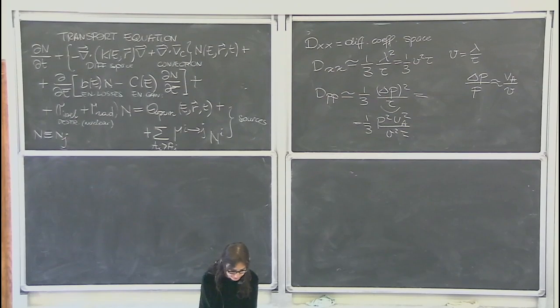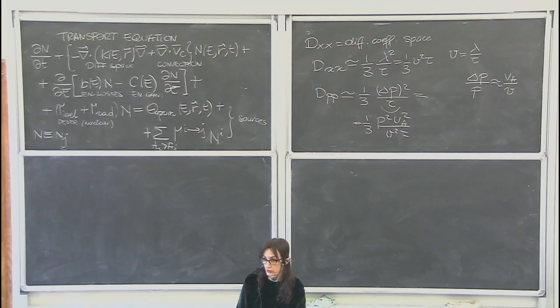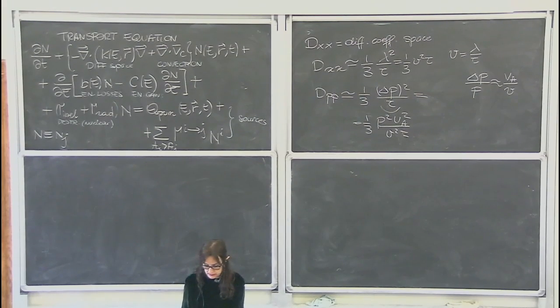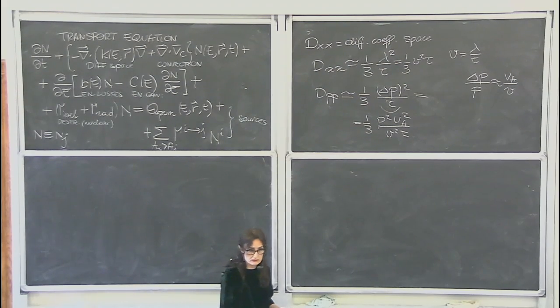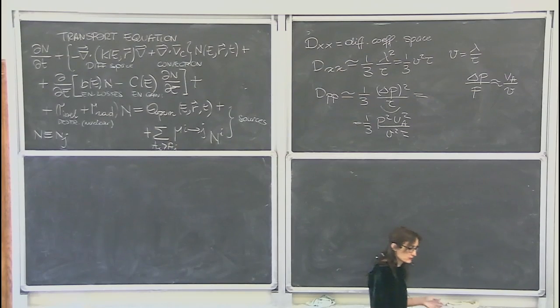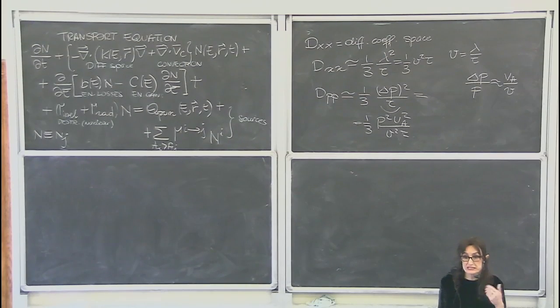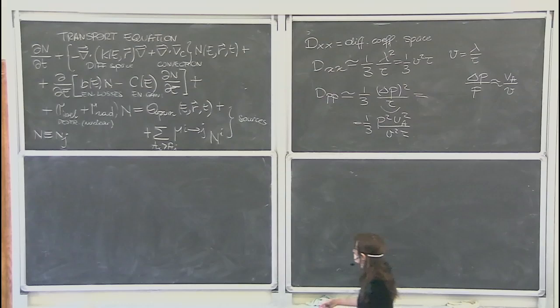Good. So let's study this equation in more detail. I will tell you very few words about the convection in the galaxy. The convection in the galaxy is a phenomenon which we believe is occurring in the Milky Way because we observe external galaxies.